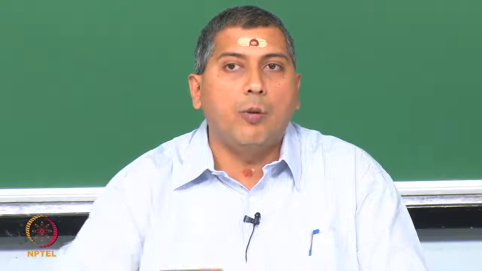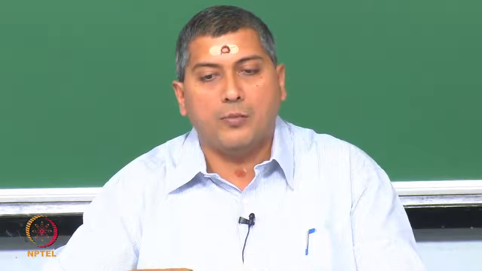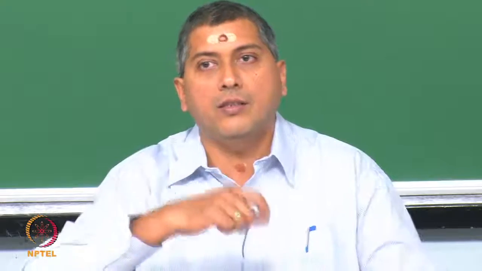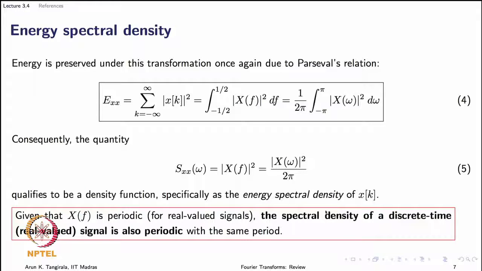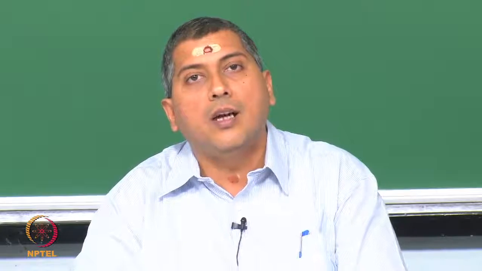So, there is no need to plot it, but if you want to plot the spectral density for the entire frequency axis, you plot over the fundamental frequency range and repeat it. That is the main consequence of this observation, that the spectral density of a discrete time signal is periodic. That is the fundamental difference between the continuous time aperiodic case and the discrete time aperiodic case when it comes to spectral density. There the spectral densities are not periodic.